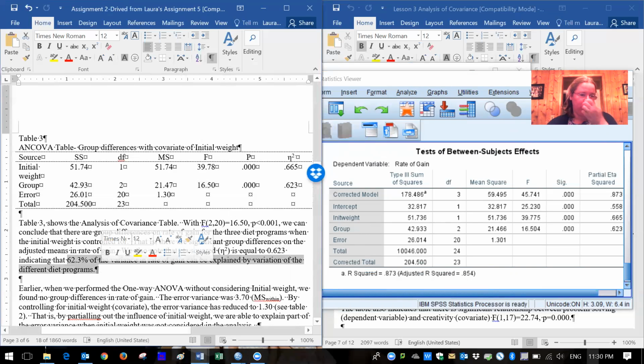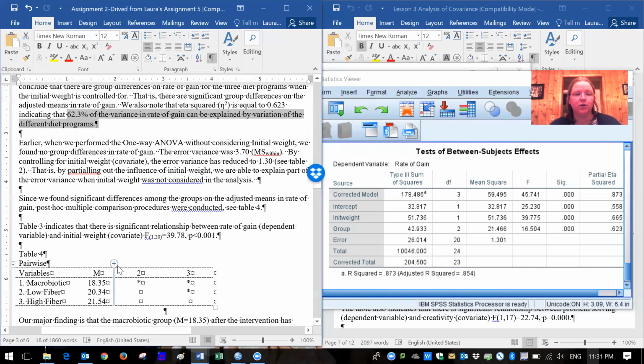So we say about 62% of the variance in rate of gain can be explained by the variation of the different diet regimens. Okay, so now earlier we performed a one-way ANOVA without considering initial weight. Let's do that real quick.